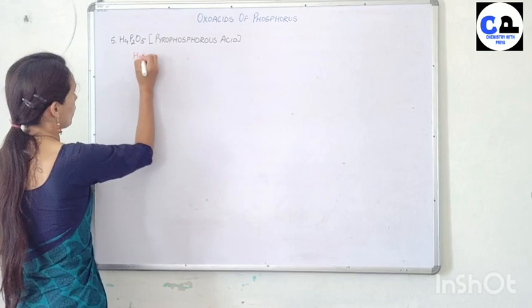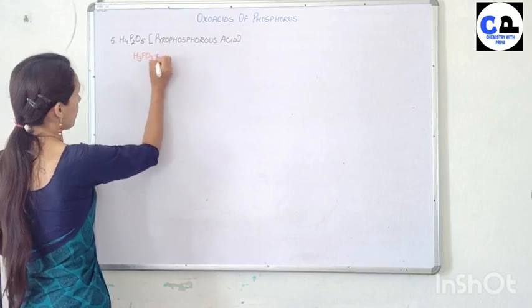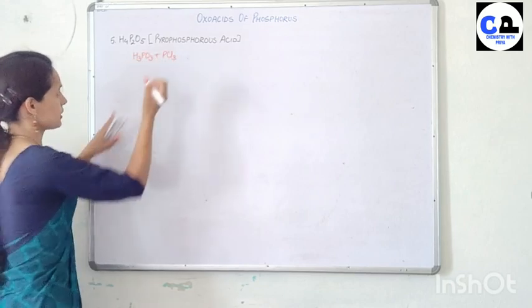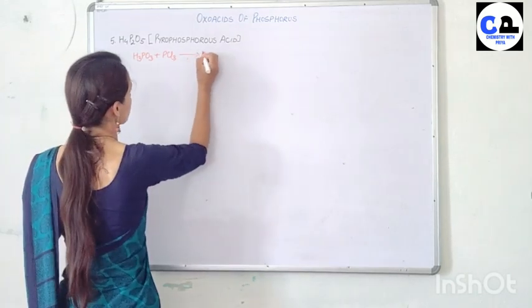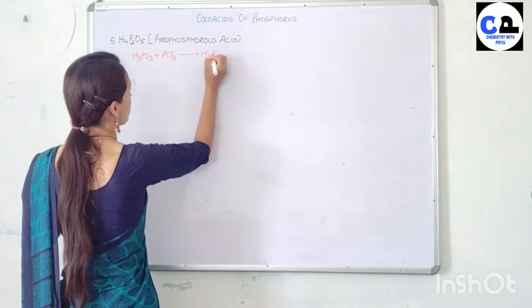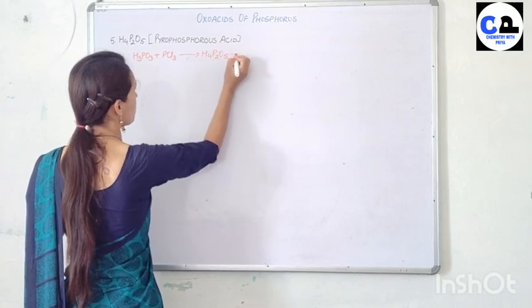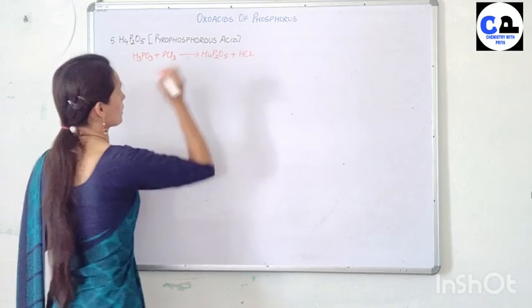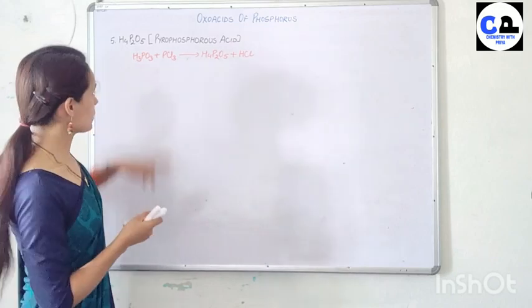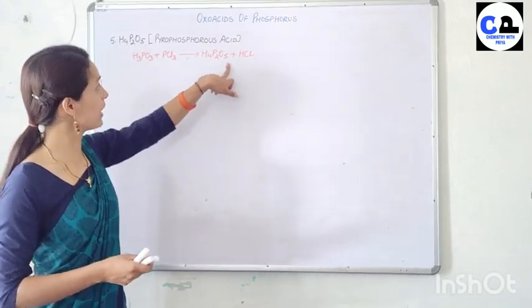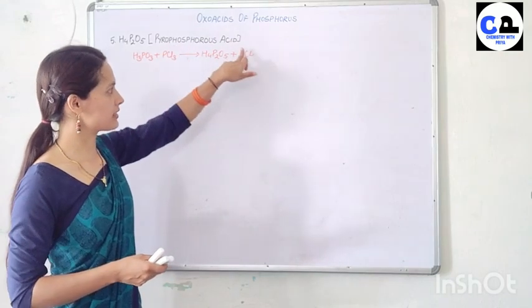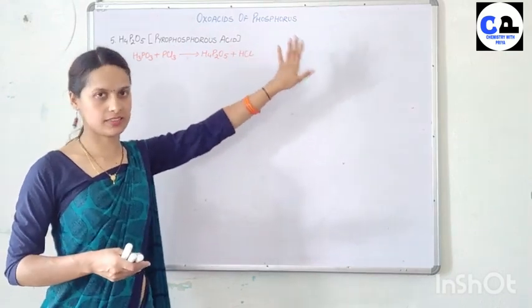H3PO3 on reacting with PCl3 gives H4P2O5 plus HCl. So by treating H3PO3 with PCl3, we get H4P2O5, that means pyrophosphorus acid, along with HCl.